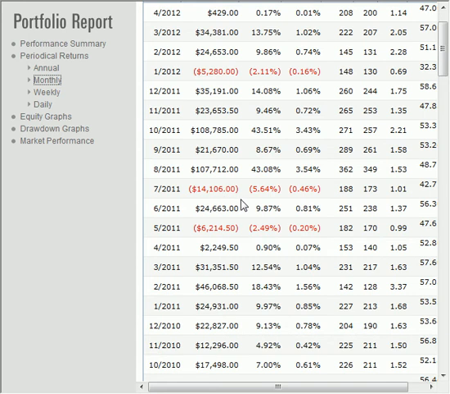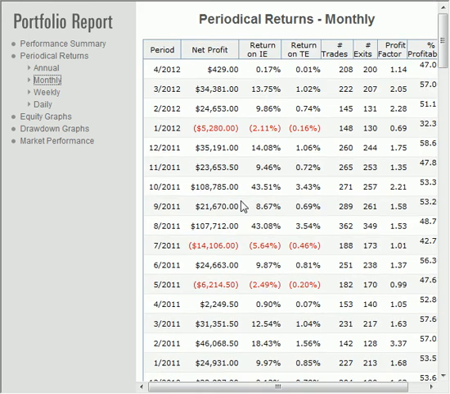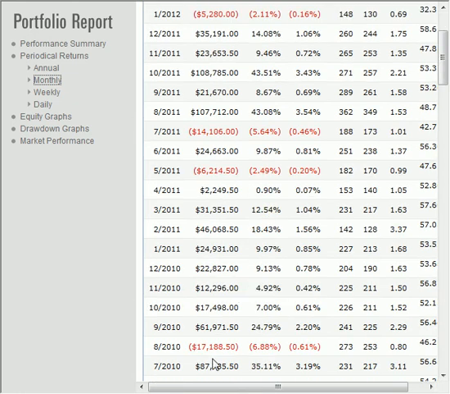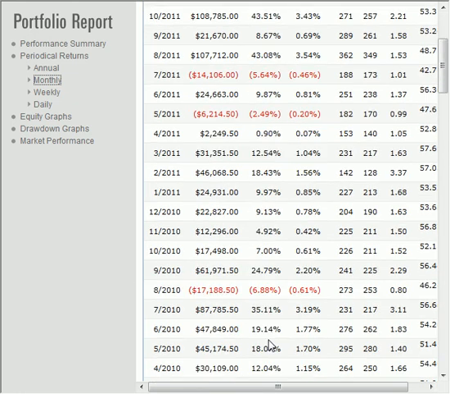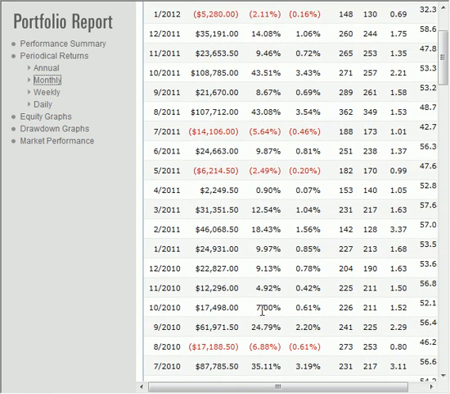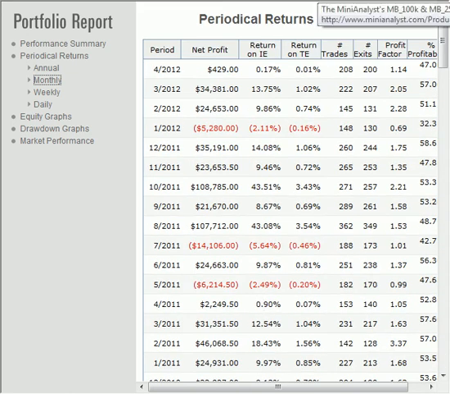That's a pretty impressive reward to risk. And of course, your risk: these are month end, but $14,000 was the monthly drawdown, $6,000, $5,000, $17,000 in August. So pretty impressive.